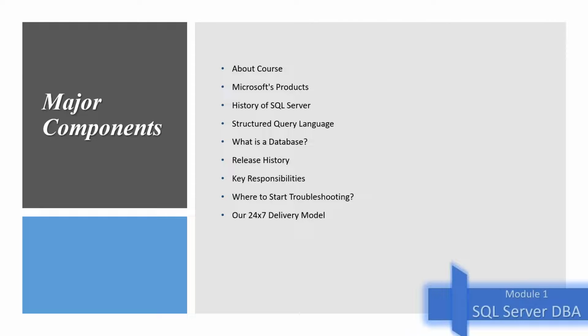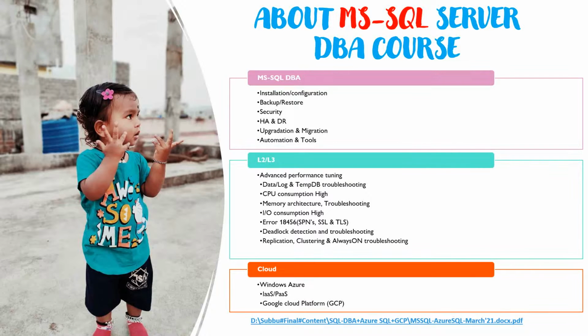Let me go to the slide. Just a basic intro about what we are going to discuss in this entire 60 days session. First we'll start with L1, then we'll go for L2, then L3, and then we'll move to the cloud.